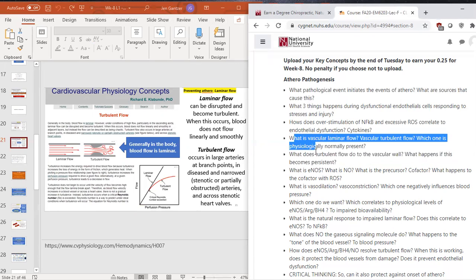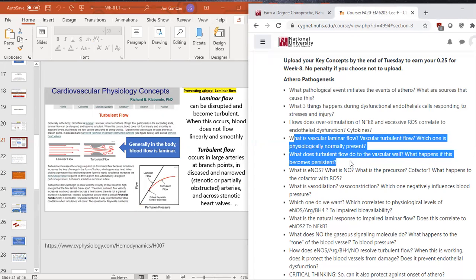So what happens when the body has a loss of laminar flow, which is very typically at some of the branch points and where there are changes, or if the body through catecholamines wants to restrict blood to an area and shunt it to a different body area, then that would be a normal physiological vasoconstriction to shunt blood.